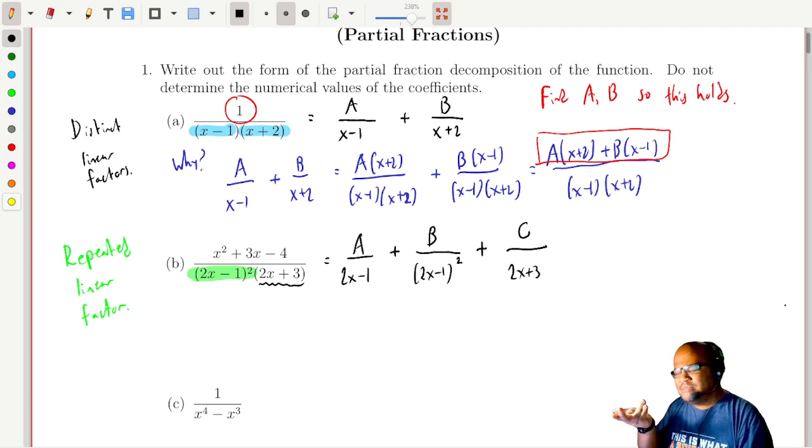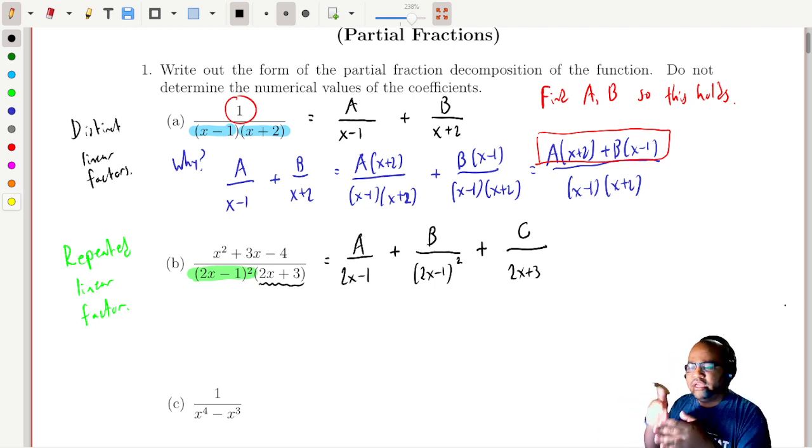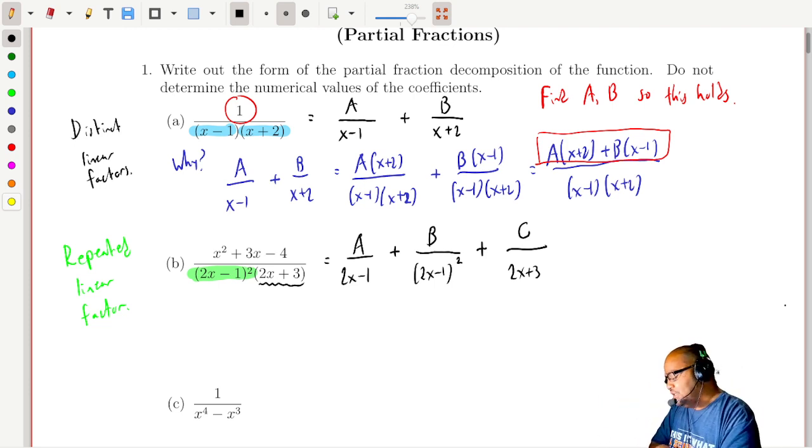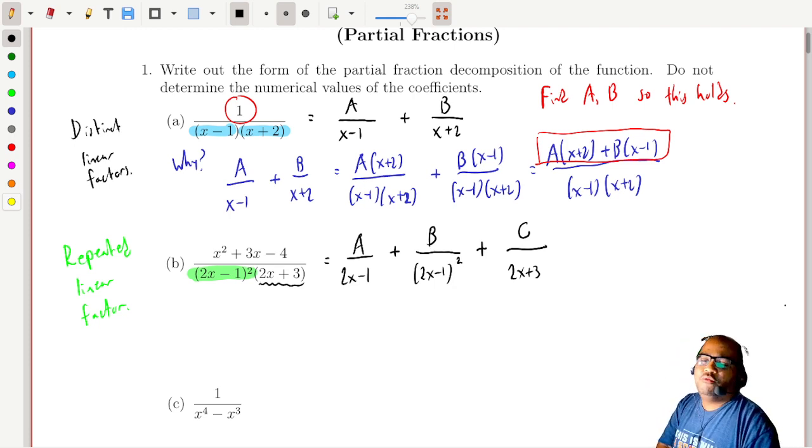Relate this back to, say, 4 and 16. 16 is a multiple of 4 already, so at best I could just choose 16 as my common denominator. It's the same reasoning here: I want to choose a common denominator that already includes 2x minus 1 squared. So this is how we set up for when we have repeated linear factors.